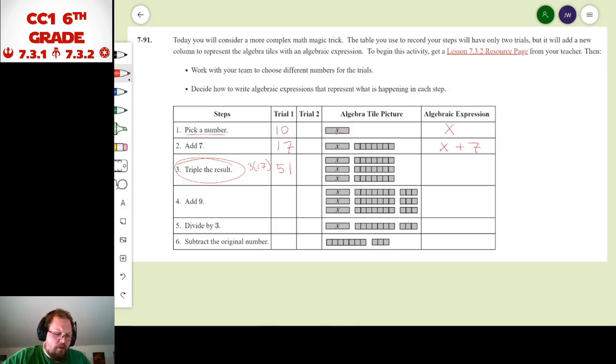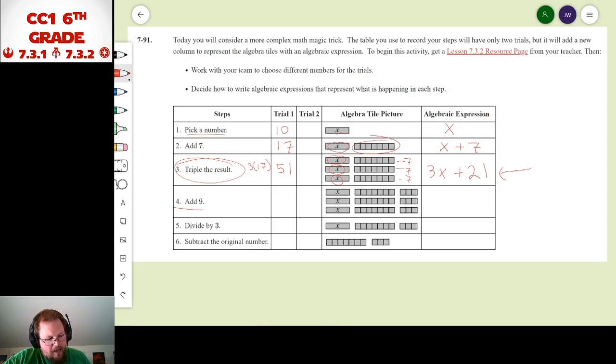You can look back and say, okay, well, how do I show triple the result right here? One way to do it is to look at it visually. Well, you've got an x and 7, and now you've got 3 x's, okay? And now you also have, these are each 7, 3 x's plus 21. Okay, that's pretty easy when you look at it that way.